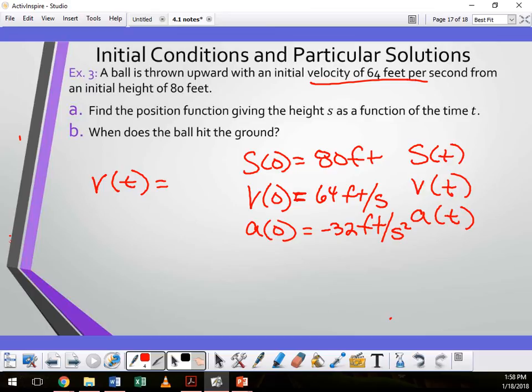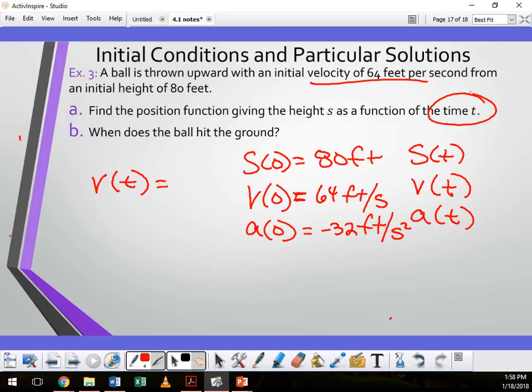So if I take the integration of the acceleration, negative 32, with respect to t, I get negative 32t. Right there, that helped me out.